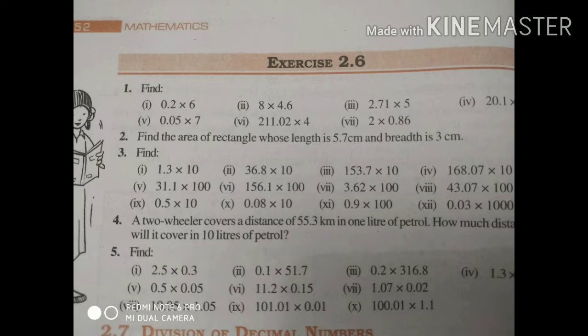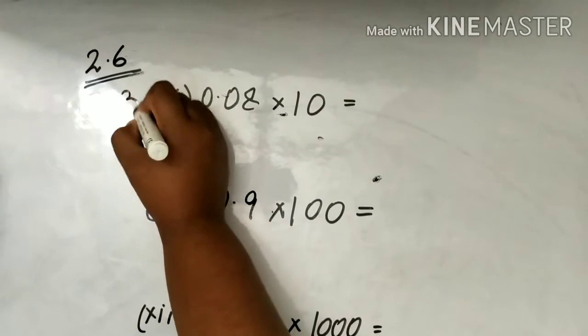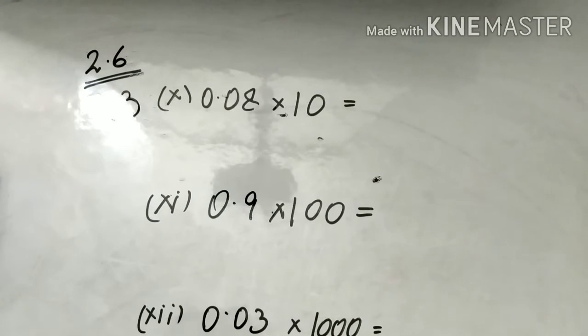These are multiplication of decimal numbers with tens and multiples of 10. Now let's move to the third question, right? Over here there are some problems where you have to multiply the decimal with the multiples of 10, right? So we have already learned how to deal with this.